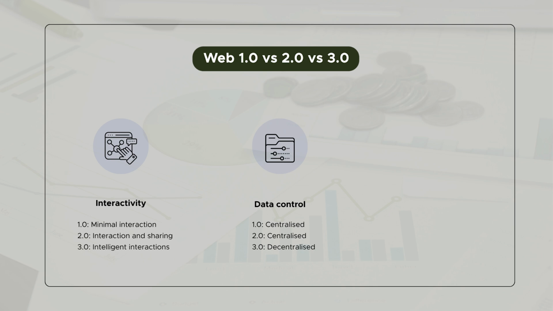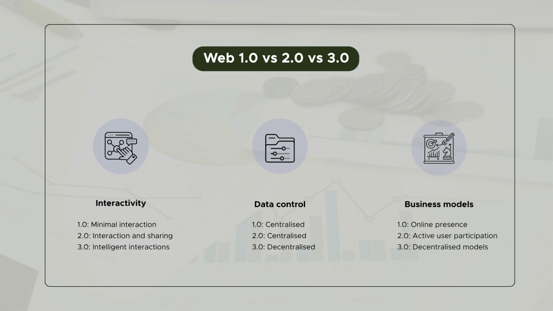In contrast, Web 3.0 emphasizes decentralization, giving the power back to individual users. Business model wise, Web 1.0 focused on online presence, the online brochure, information online which people can access. Web 2.0 focused on user engagement and user participation.